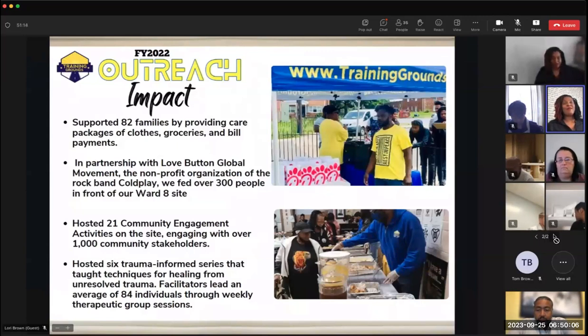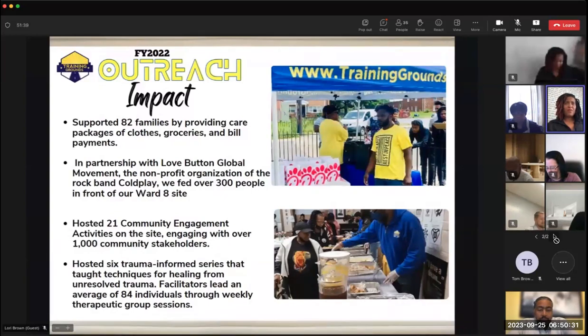We were able to organize a community event right in front of one of our Ward 8 locations. And this was a really exciting and engaging experience. We had over 300 community members and other organizations come out, and we just had a good time in the name of peace and love and community.